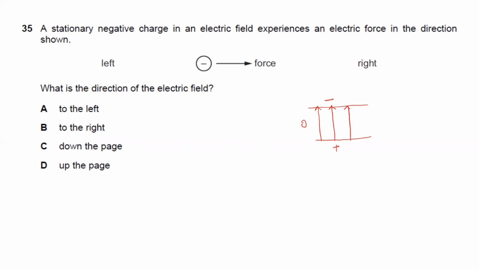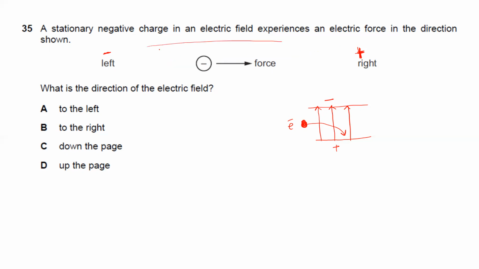If there is a negative charge, for example an electron, it will be pulled towards the positive plate. So here the force on the negative charged particle is in this direction, attracted to the positive side, and this is the negative side, and the electric field is from positive to negative. Oh, sorry, I apologize for my bad line.